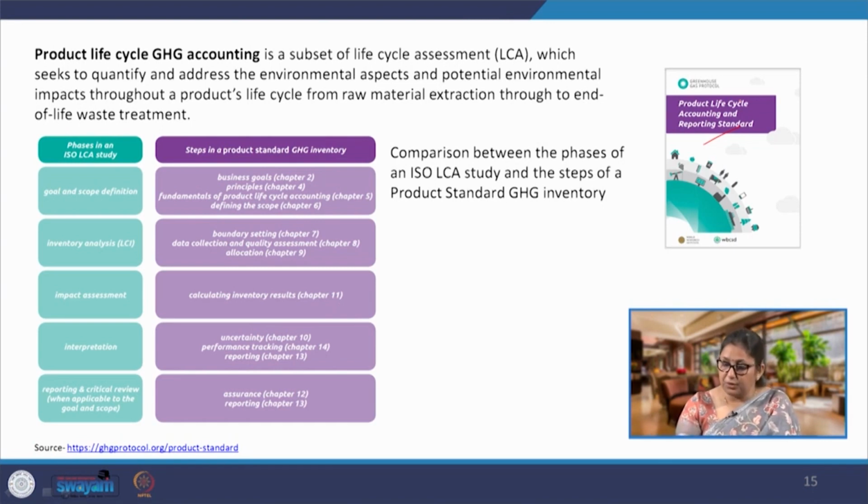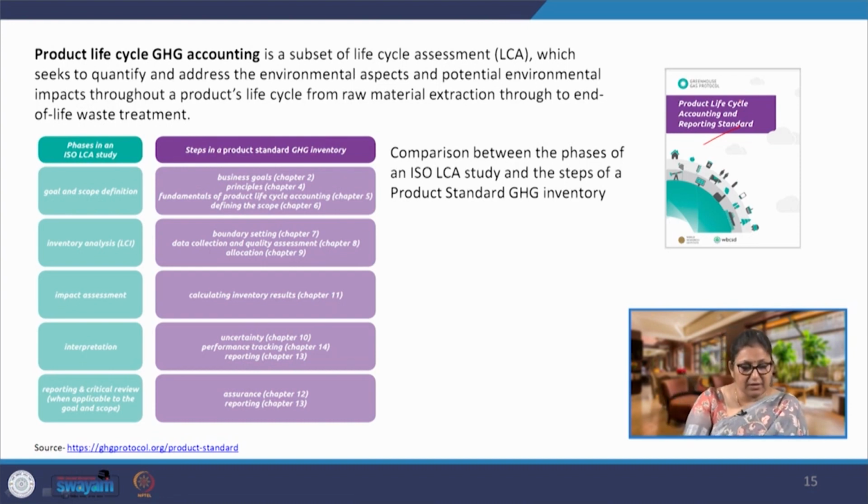Here, in the product life cycle accounting and reporting standard, we are doing pretty much the same, but only for one thing, which is GHG emissions. So, we are taking into account the entire life cycle of a product or the activity that we are looking at, but we are only looking at the GHG emissions that are associated with it throughout its life.